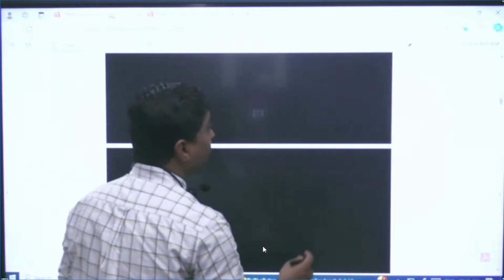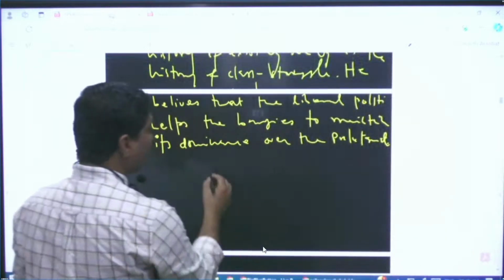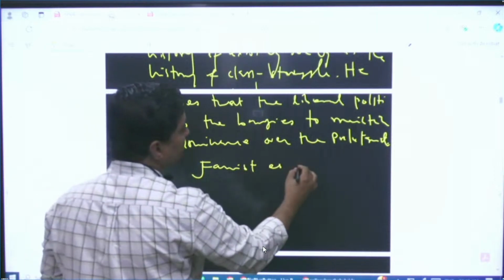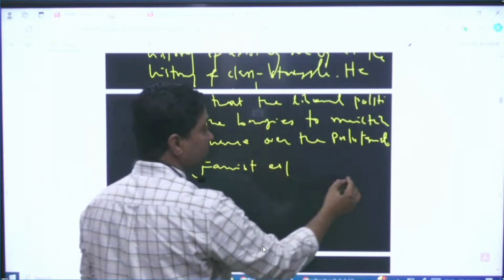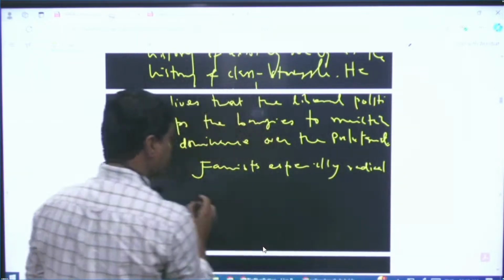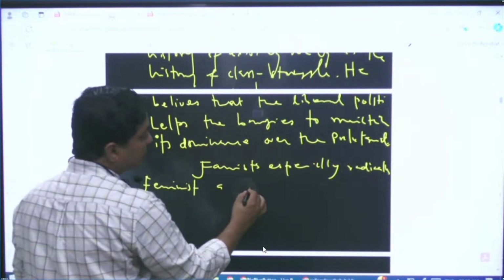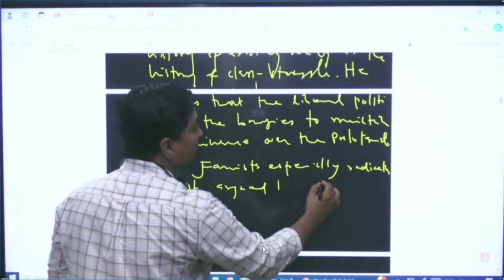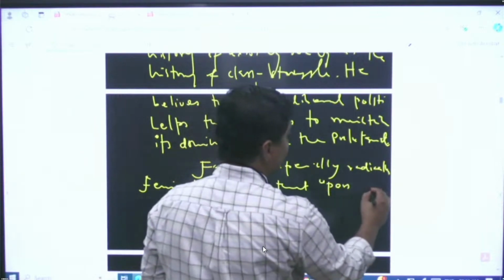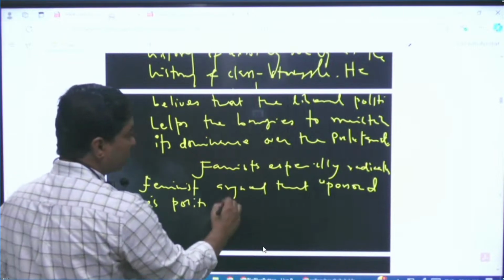Now let me talk about the feminist perspective. Right? The feminists, especially radical feminists, argue that the personal is political.